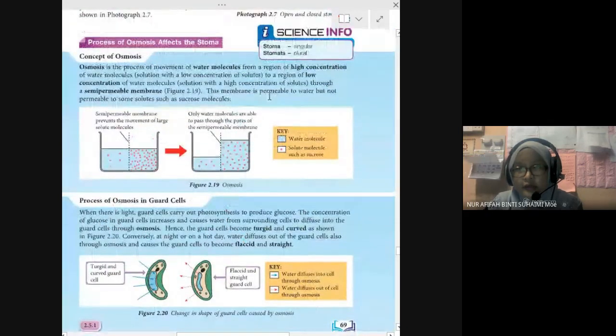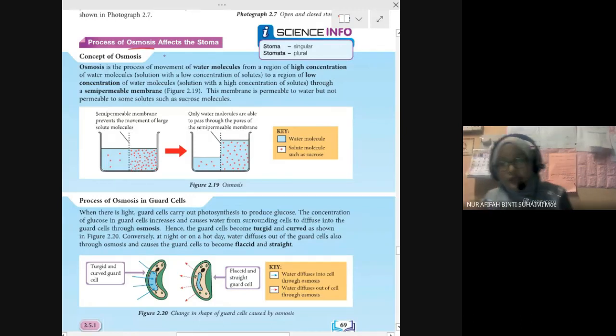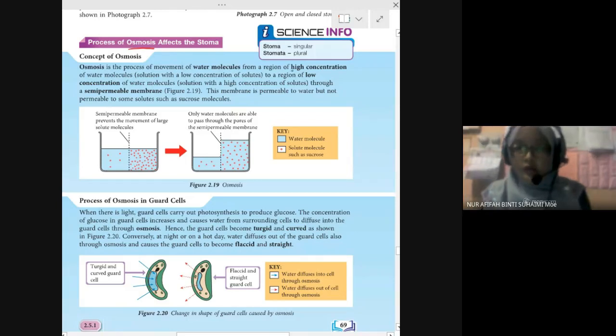This one shows the process of osmosis that affects the stoma. What is osmosis? The concept of osmosis is also the same as the diffusion process, meaning that it involves the concentration level.